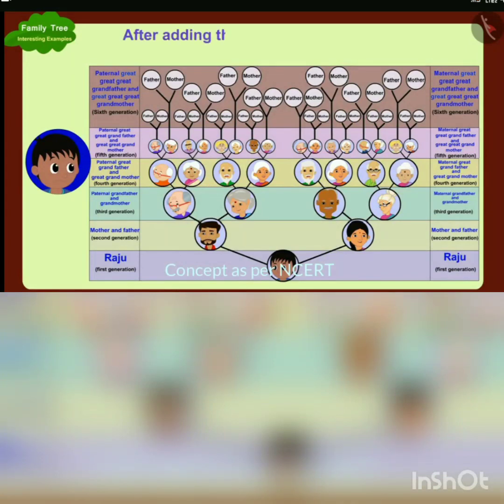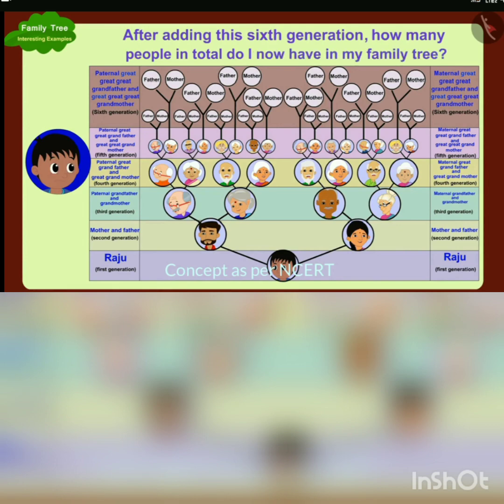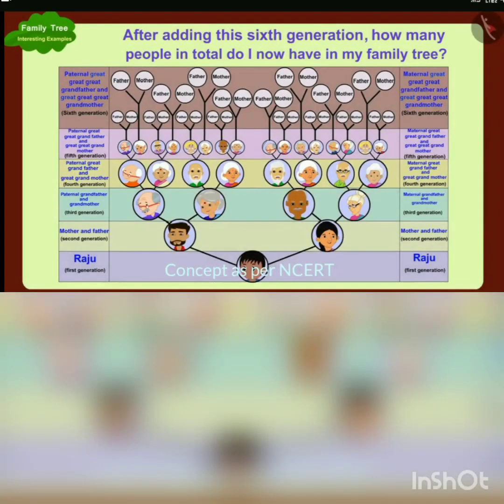After adding this 6th generation, how many people in total do I have now in my family tree? Children, can you find a solution to Raju's this question too? If you want, you can stop the video and find the answer.